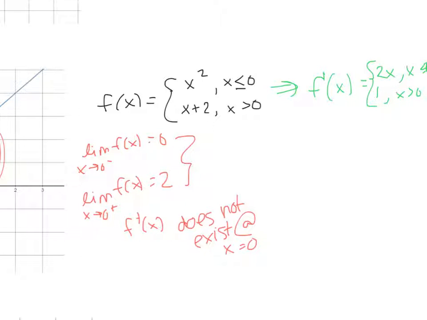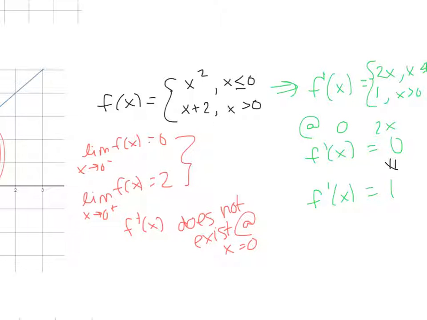So at 0 then, f prime of x is going to equal 0, if I plug it into 2x. But then it's also going to equal 1. And obviously, 0 does not equal 1. Those two things are not true.